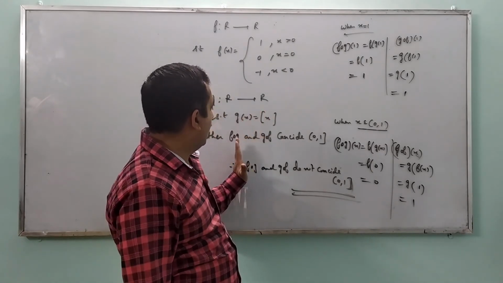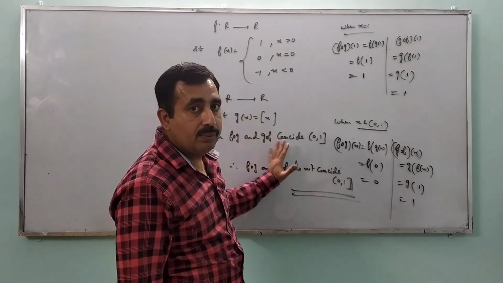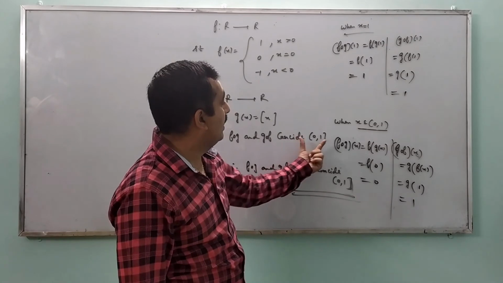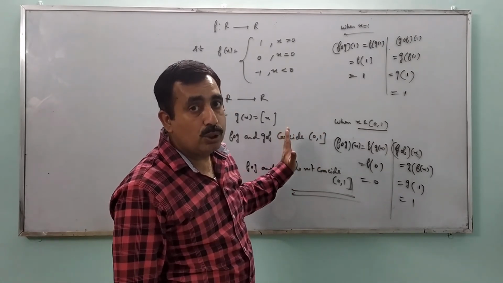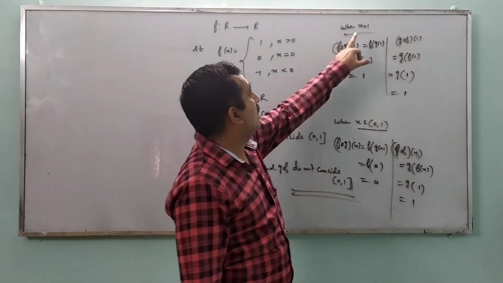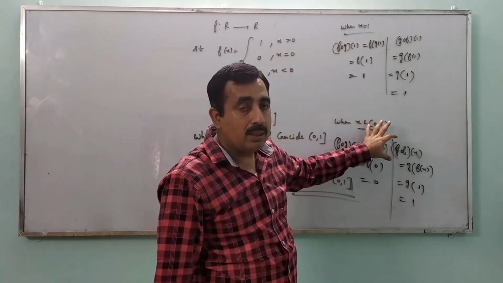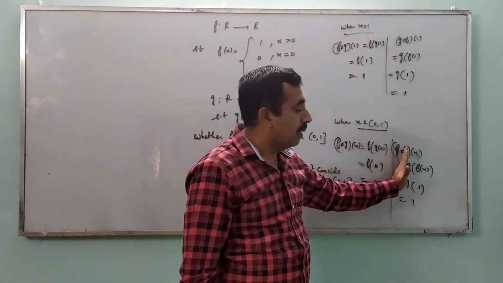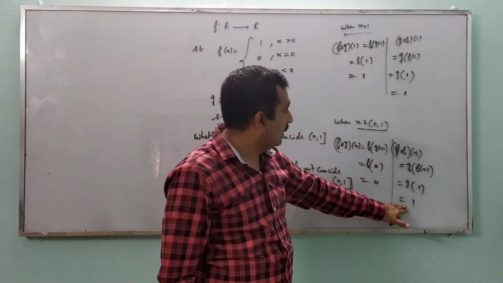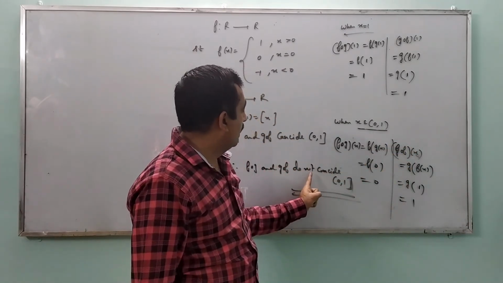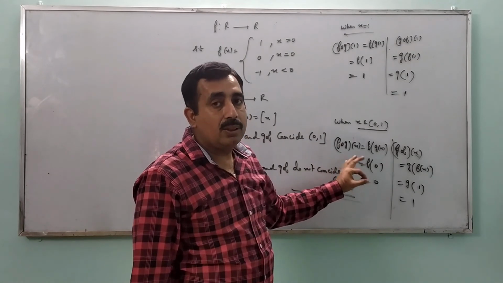I have to find f of g and g of f. They are called composite functions. We exclude 0 but include 1, so we take 1 separately and the open interval 0 to 1 separately. If both are not the same, then f of g and g of f do not coincide in (0, 1].